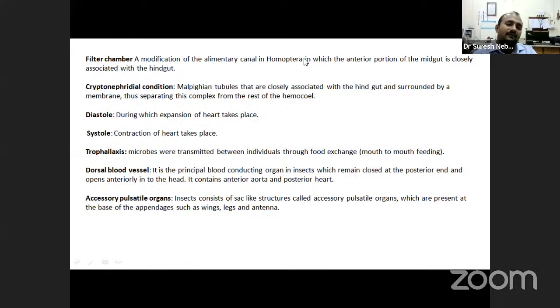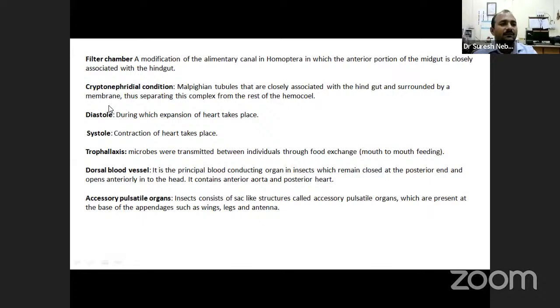Even if somebody gives the names of insects in which the filter chamber can be found, you should know whether all of them are in Homoptera or not. If there is an exception, that will also be in the book, and you have to understand it.